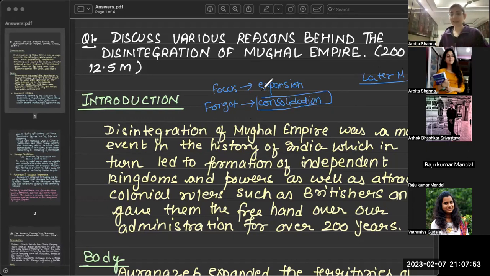They failed in consolidating the empire, and because of that the nobles who were sitting in the court of the later Mughals, who were great administrators, who had been advising the Mughals from ages, took advantage of forming their own independent kingdoms. And that is why the Mughal Empire started breaking down.